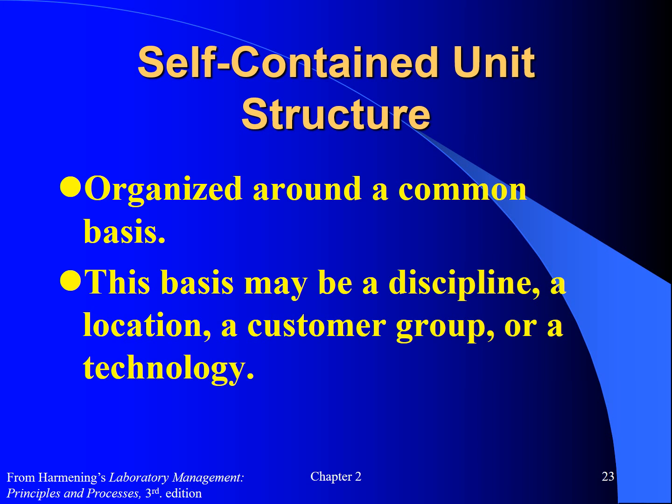A disadvantage to this structure is duplication of resources and expertise, requiring a larger facility and more employees, a possible lack of work for specialty areas, and feelings of isolation from other specialty areas of the laboratory. Advantages are the ability for each unit to function efficiently, as all resources are included in each unit, and the ability to meet changing conditions quickly.